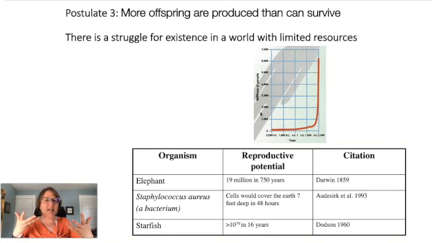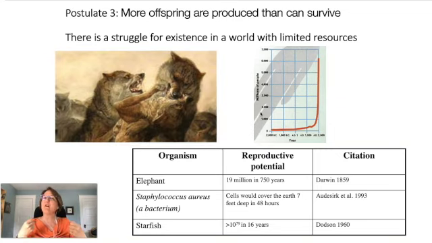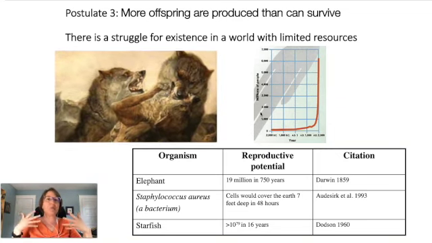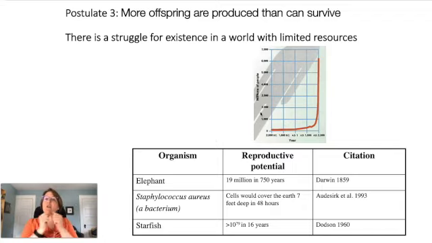Okay, moving on to postulate number 3, more offspring are produced than can survive. The way I like to think about this is that there is a struggle for existence in this world of ours, which has limited resources. There's not enough resources in the world for every organism that is born or produced to survive to its longest possible lifetime and reproduce to its highest possible extent. That sounds obvious, but it actually has some important implications.